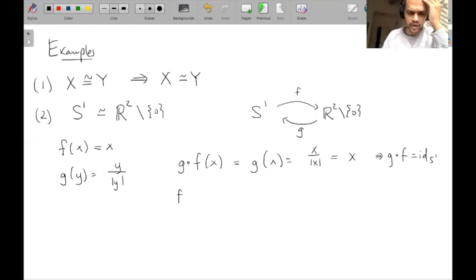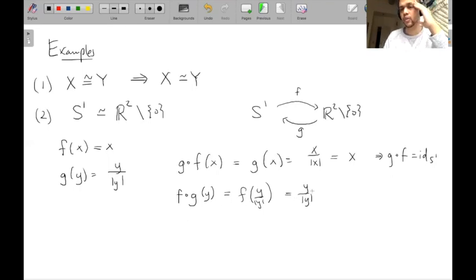But the other composition is not the identity. If we do G and then F, G of Y is Y over norm Y, and F is just the inclusion, so this is Y over norm Y. So F composed with G is not the identity map.